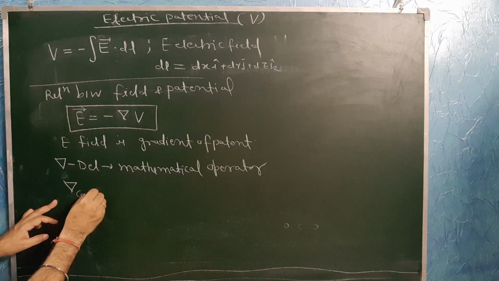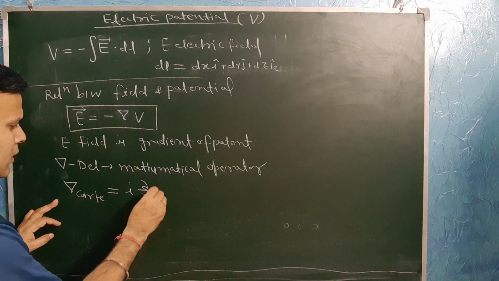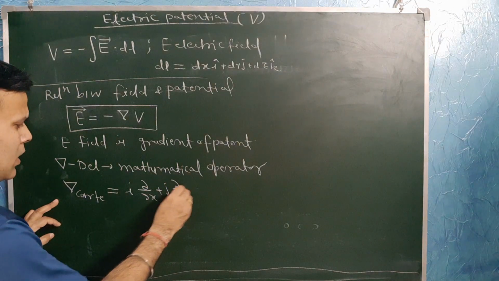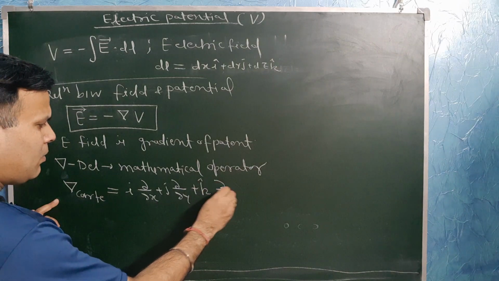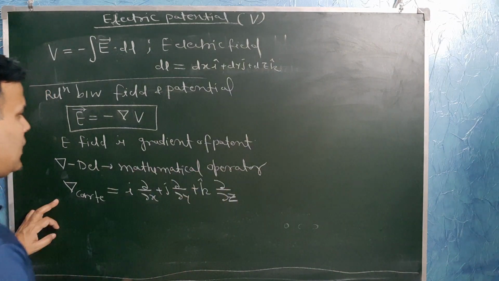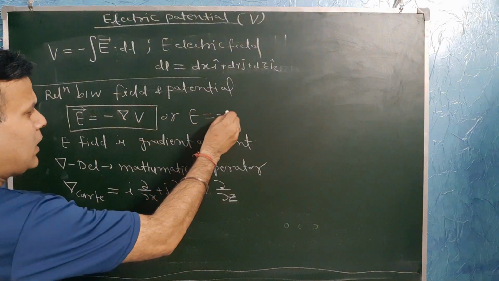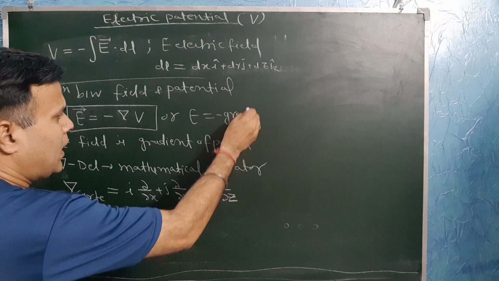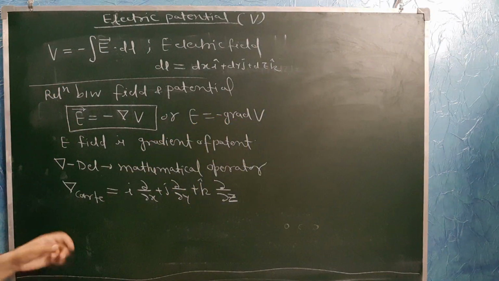In Cartesian, del is i del by del x plus j del by del y plus k cap del by del z, and E is also written as minus grad of V. This V is potential and this is grad of V.